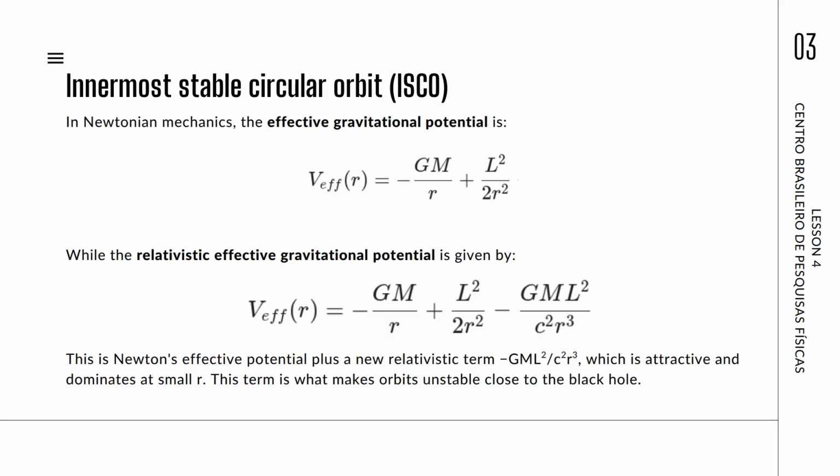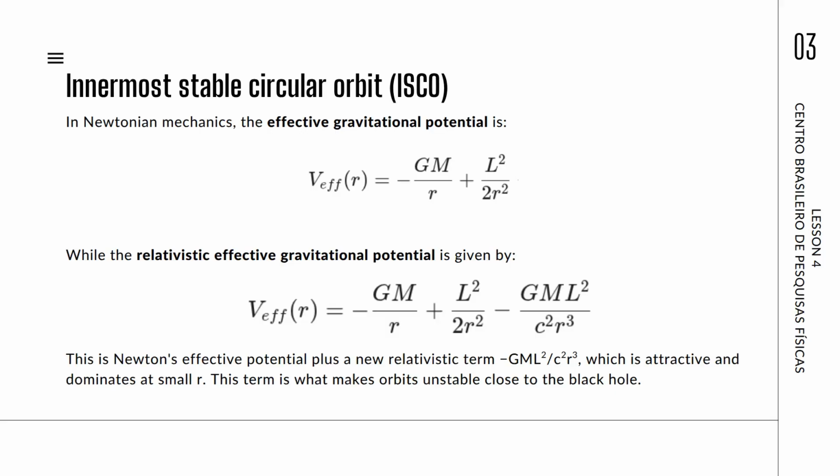It stops at the innermost stable circular orbit. And then the particles that fall inside just fall in the black hole. Let's go slowly to find where the innermost stable circular orbit is found.